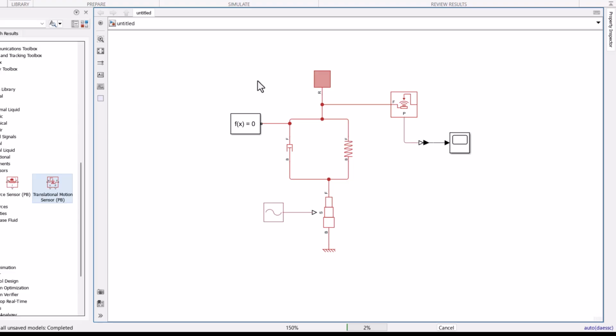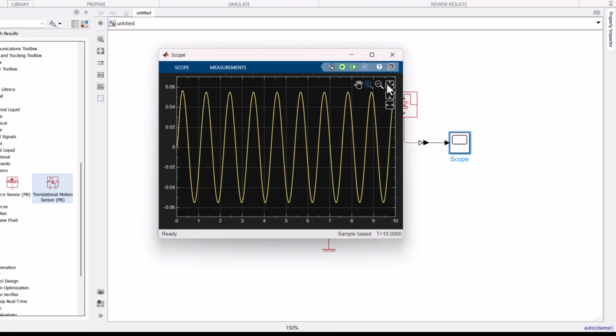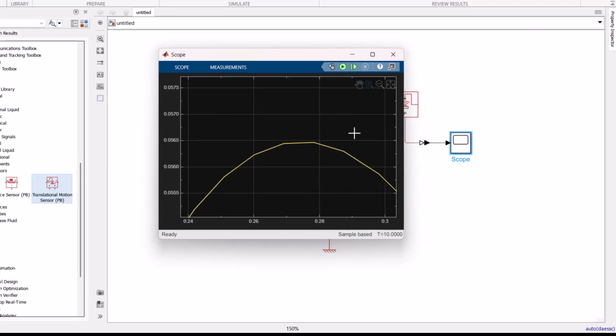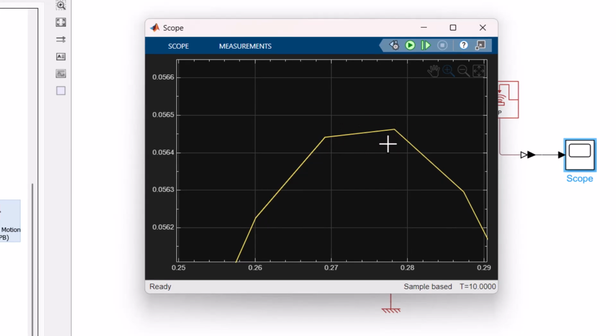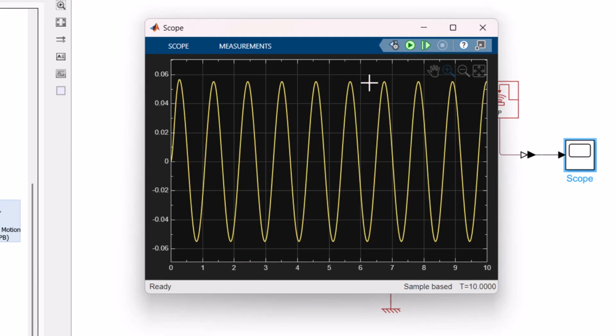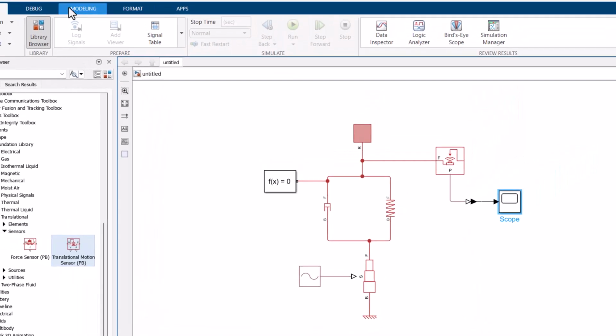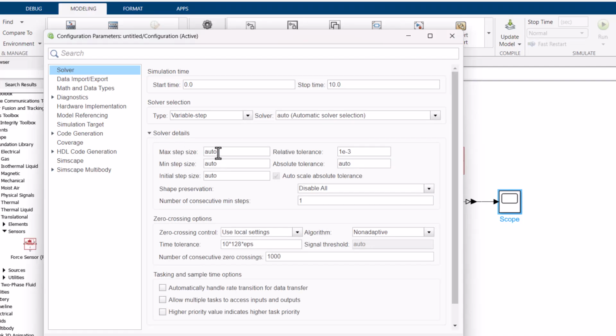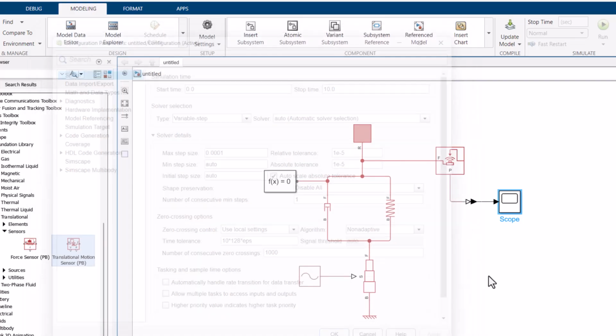And now I can run it again. And okay, here if I zoom in, I can see that I come up with basically the same result as the previous case. If you want to increase the precision of your result, you can go to the settings of the solver details and, for example, reduce the maximum step size or reduce the tolerance of the solver.